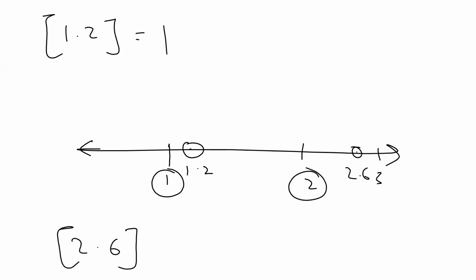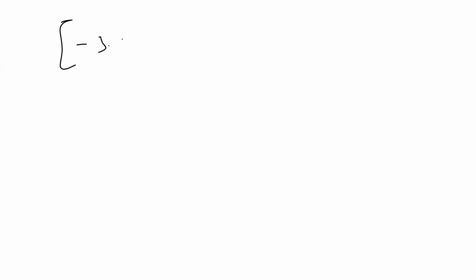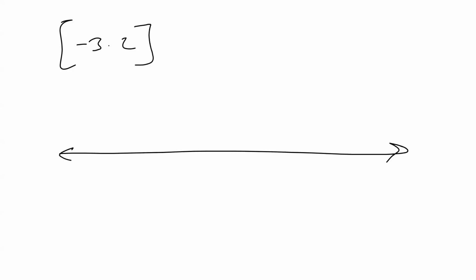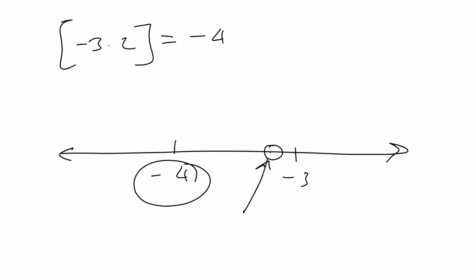So take the lesser integer, left hand side integer. So this is equal to 2. Minus 3.2. So minus 3.2 lies between minus 3 and minus 4, somewhere here. So take the lesser integer. Answer is minus 4.